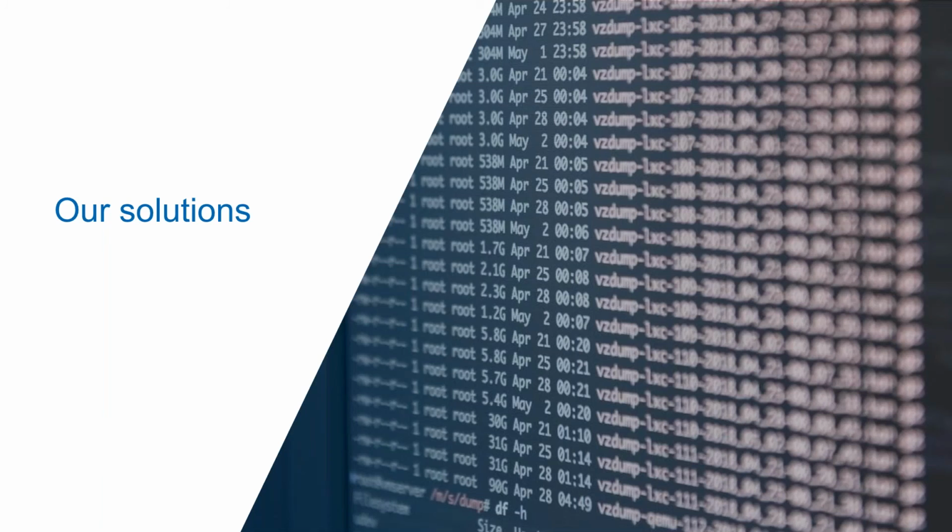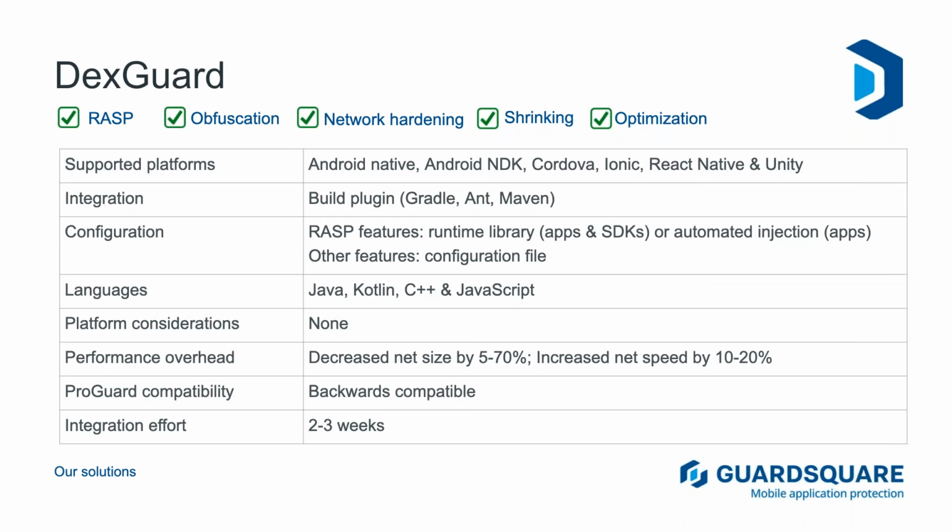Let's take a brief overview of the solutions that we offer here at Guardsquare that will protect your application against this kind of static and dynamic analysis. The first tool we have available is DexGuard. This tool will harden your Android application, and it provides you a RASP feature set that will protect your app from dynamic attacks.